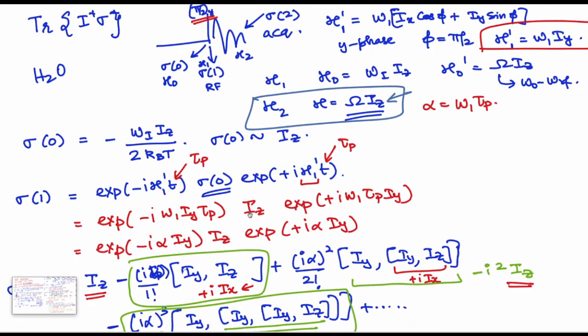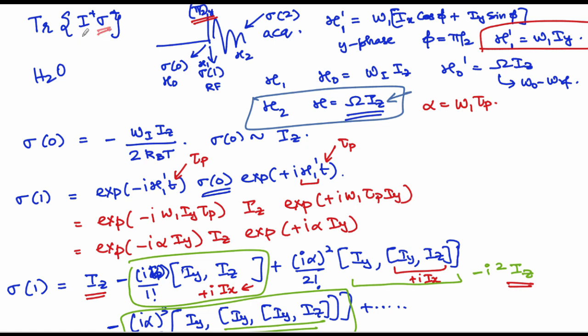What was our target? We wanted to find what is the density matrix during acquisition. And most importantly, we know what is the operator we want to observe. Remember, we said we'll be observing M plus. Similarly, we'll be observing I plus here. And we know the matrix representation of I plus, and we also know the density matrix.